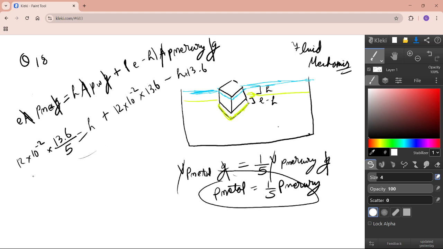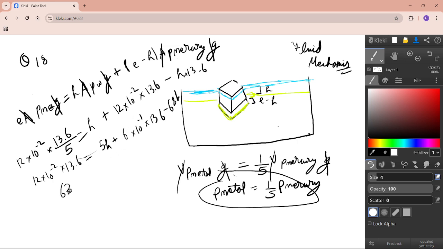Now we just multiply 5h. 5 times 12 is 60, and with 13.6 is 68. All right. Now this 5 minus 68h comes out to be minus 63h.